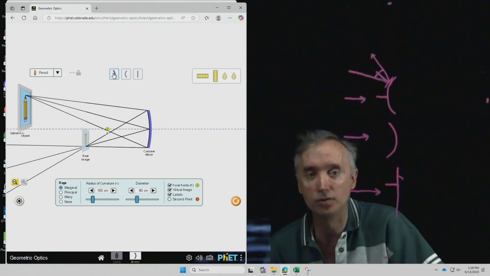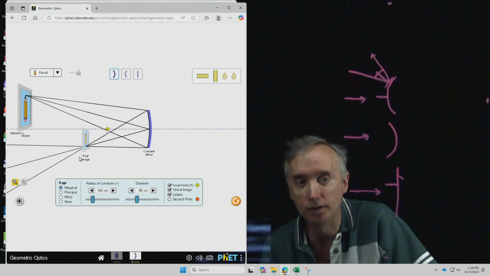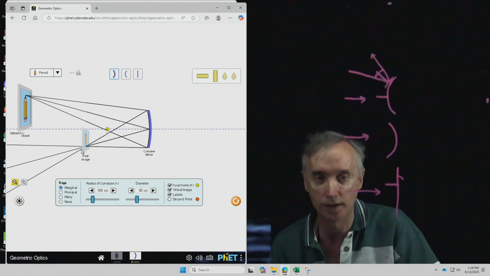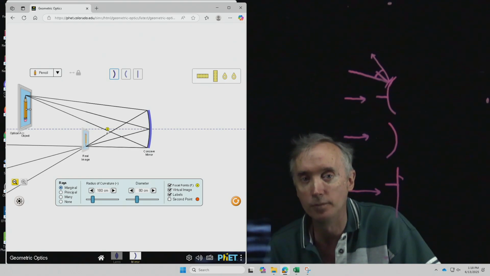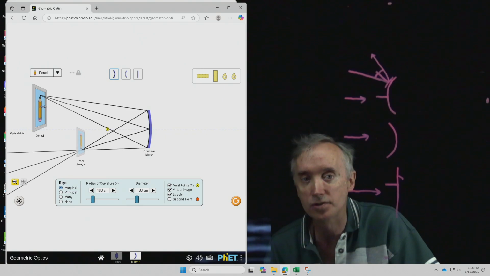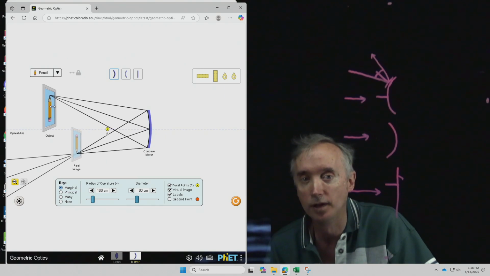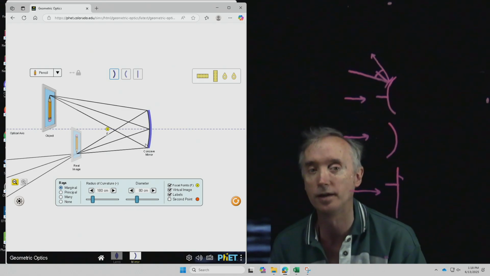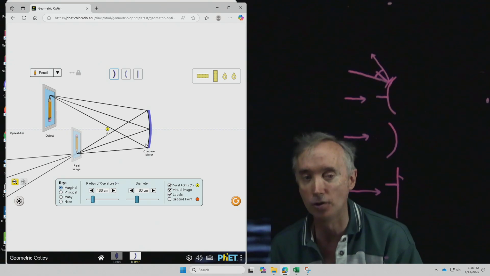You're going to look at the image over here, and say, is it right side up or upside down? And is it large or is it small? Then you're going to grab the pencil, and start to move it closer and closer to the mirror. This time, something very dramatic is going to happen, and I'll let you notice it.